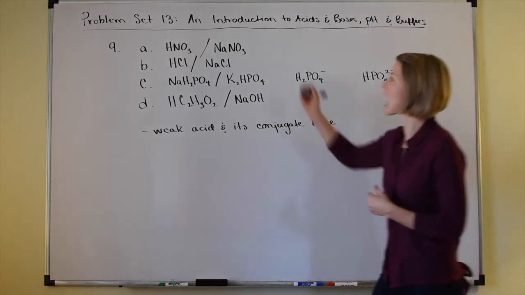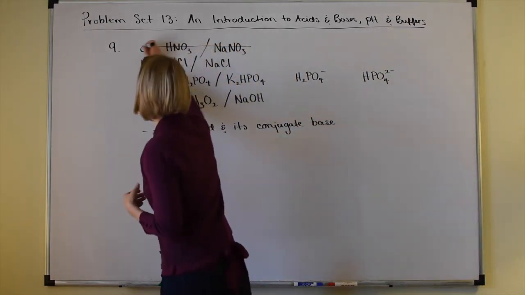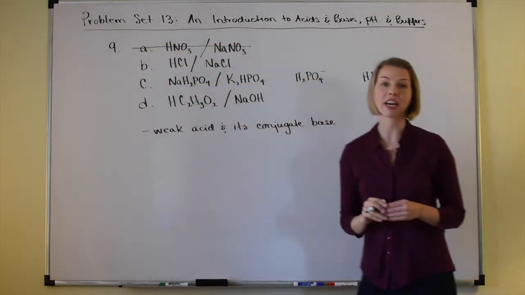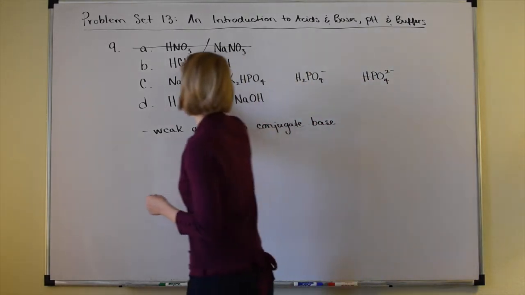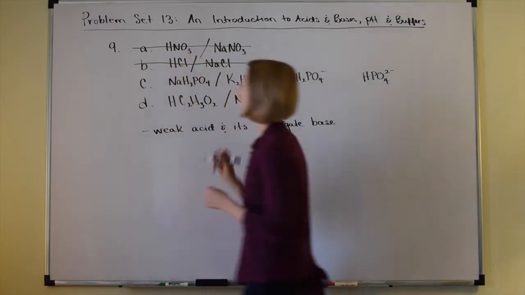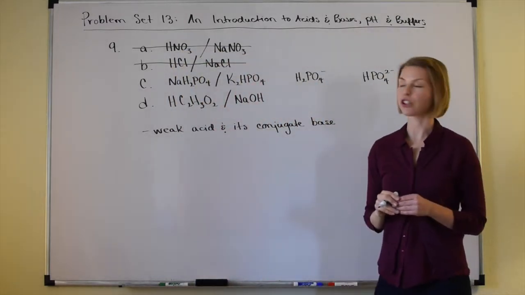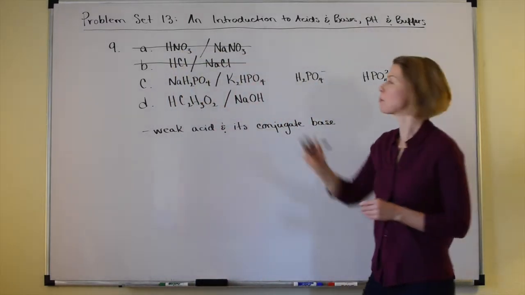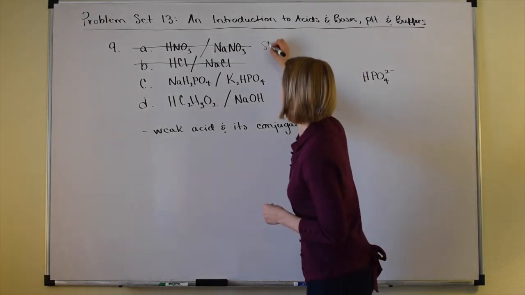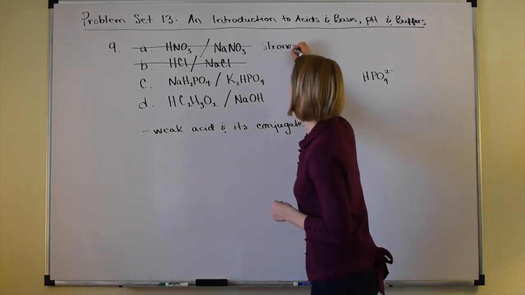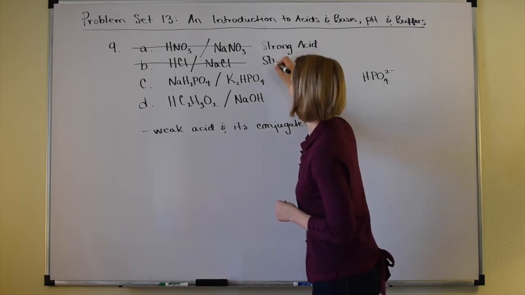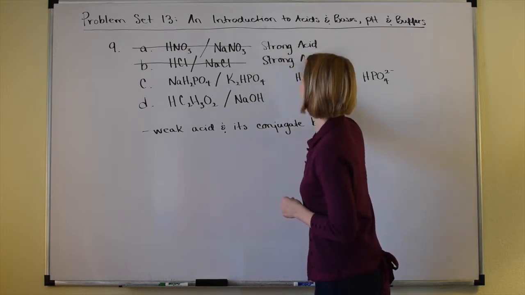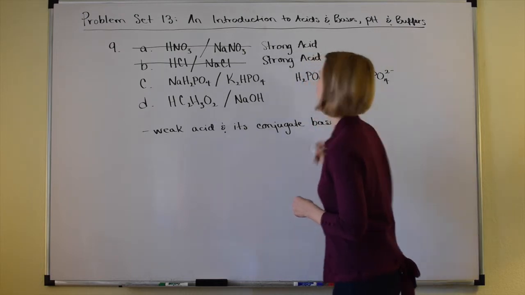Okay, so let's eliminate A. Nitric acid is a strong acid, and we should eliminate B. Hydrochloric acid is a strong acid. So A and B cannot make a buffer. I'm going to write over here, strong acid. You can't have a conjugate acid-base pair.